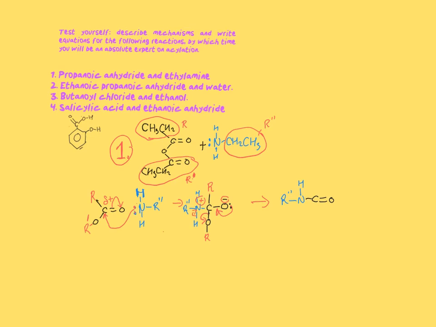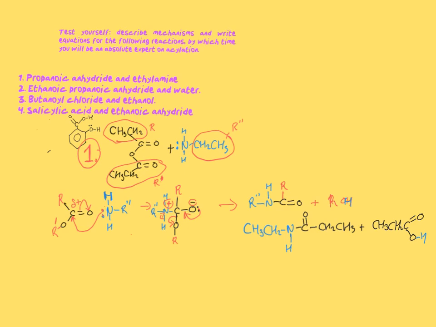Have you remembered your positive charge on the nitrogen atom? The leaving group this time is the OR group, and therefore the resulting species is an N-substituted amide and a carboxylic acid. Now let's reinstate the R groups to see the products.